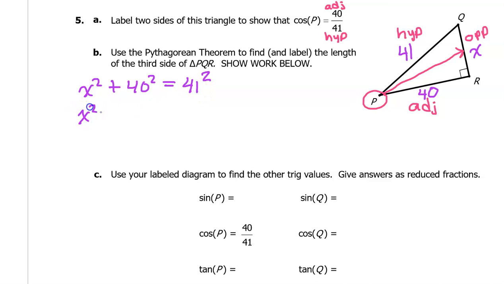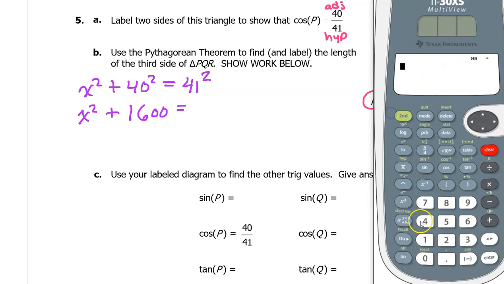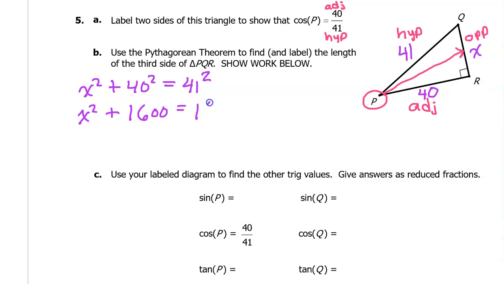Okay, so x squared plus, well, 40 squared is going to be 1,600. Okay, and then 41 squared is going to be 1,681. Interesting.